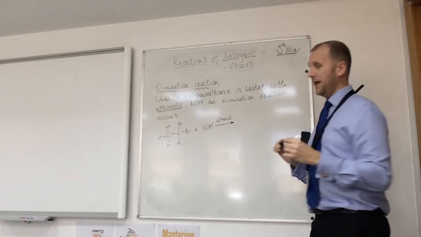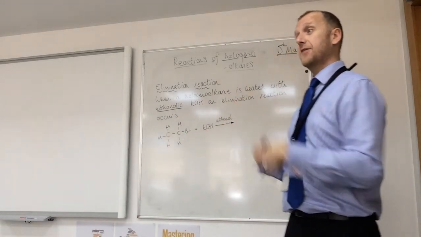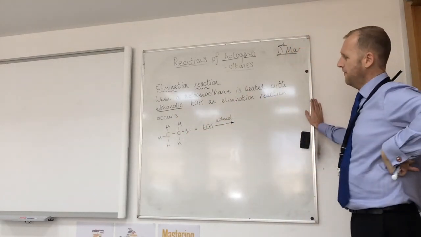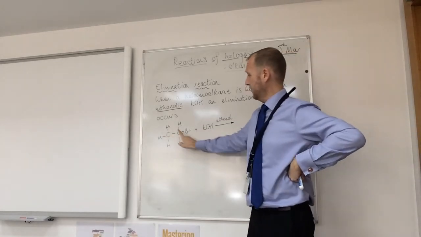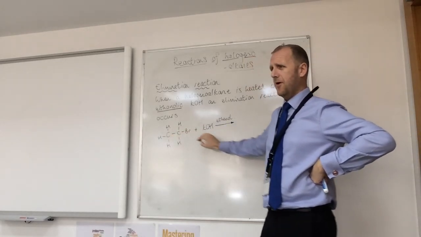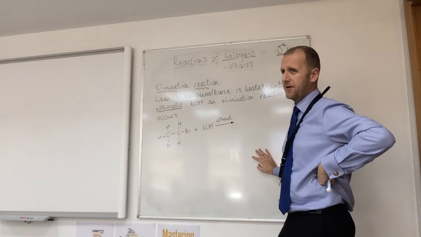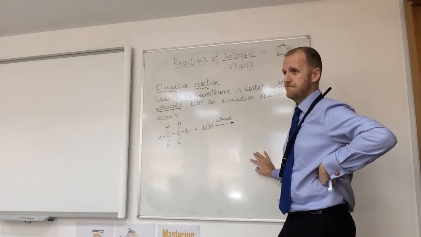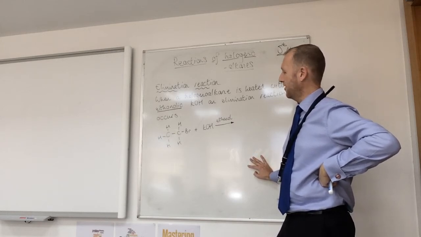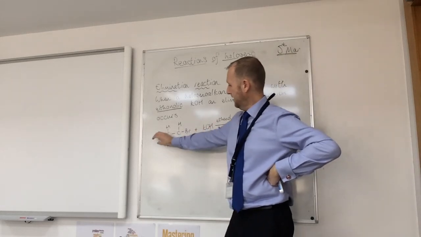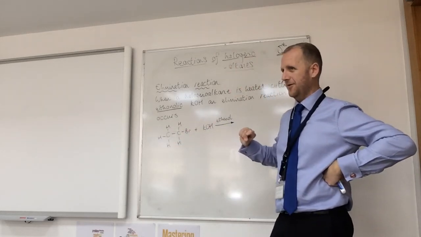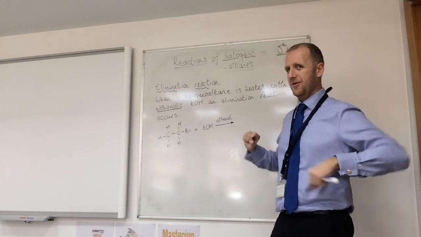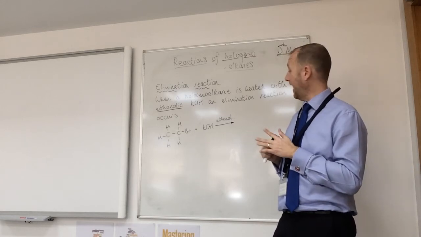If I'm going to eliminate things, I'm removing atoms. If I remove atoms from this, what kind of thing must I produce, do you think? I need to make a molecule of some form. It's not going to have a charge on it or anything like that, but I'm going to take away some atoms. A what? An alkane.